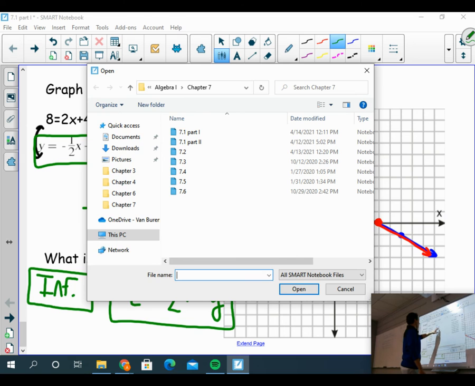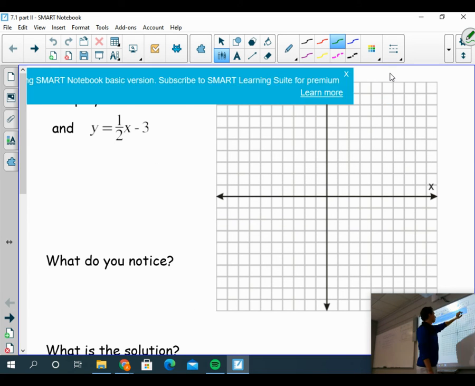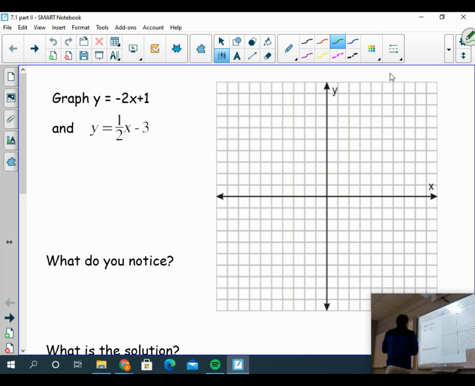So let's look at another example. Graph y equals negative 2x plus 1 and y equals 1/2 x minus 3. Now these are both in slope-intercept form, so I can just jump straight into graphing them, plot my y-intercept, and then do my slope.